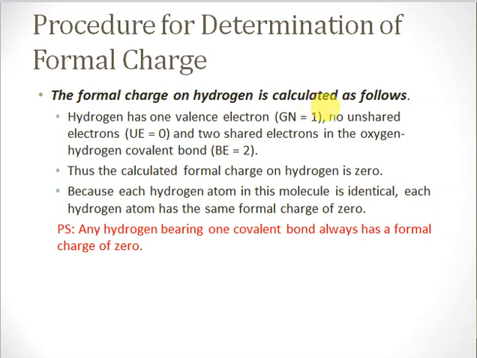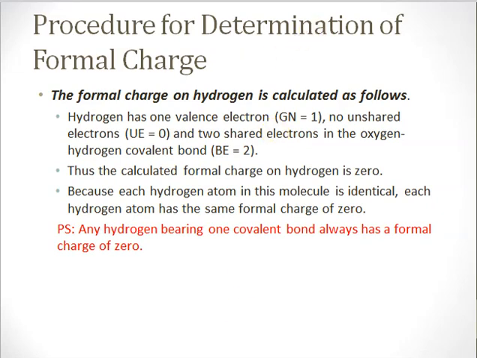There are no unshared electrons, so minus 0, and there are 2 electrons in the oxygen-hydrogen covalent bond, so we take half of that. So 1, the group number, minus 0, minus half of 2, that's 1 minus 1.